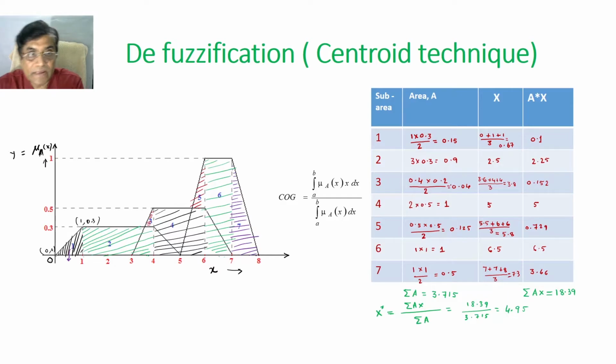Now while calculating x, what is that x? 2.5. Okay, 1, 2, 3. So 2 point somewhere here is the centroid of this area, right? So we have written 2.5, and then you can calculate this.